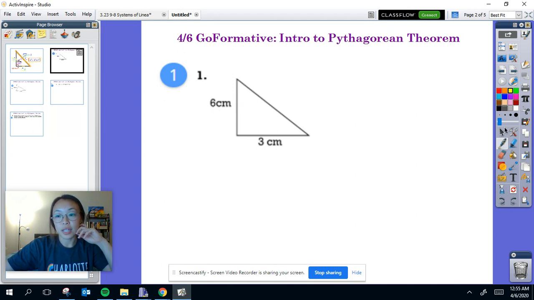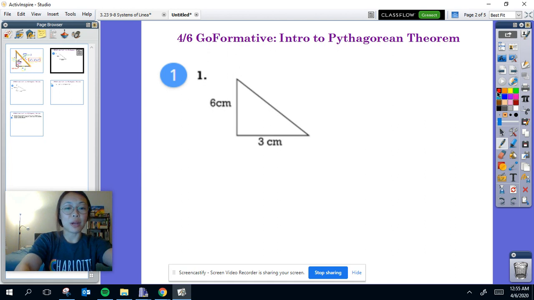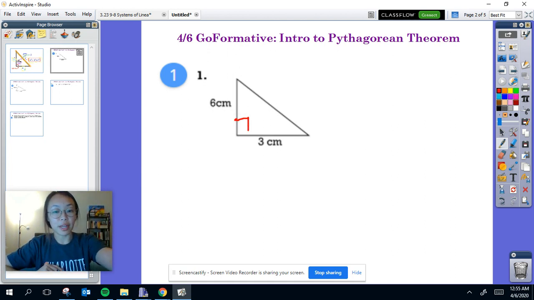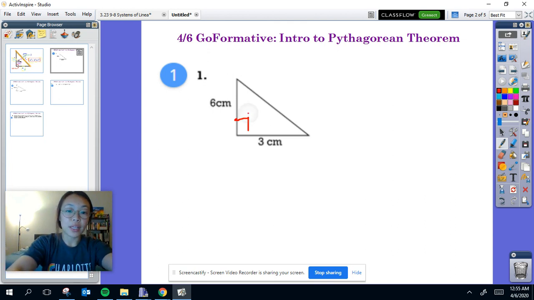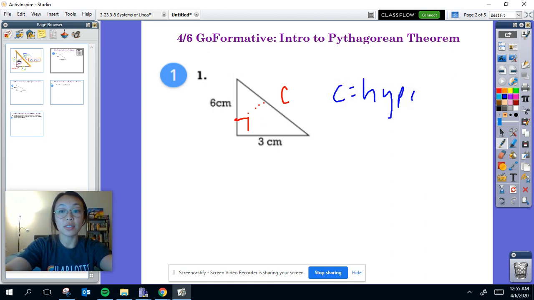So number 1 right here, I have a normal right triangle. You want to copy this down probably on some notebook paper. I want to draw my right angle right here, and right across from it is going to be the letter C. We know that the letter C means the hypotenuse, and we know that the hypotenuse means the longest side.